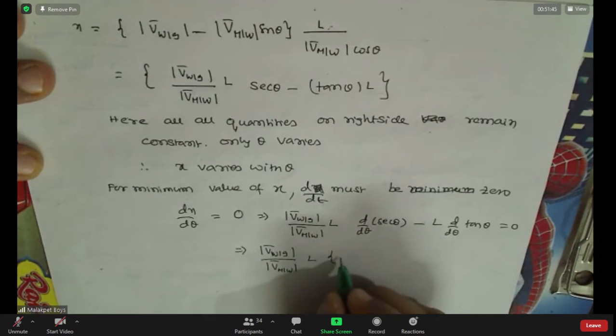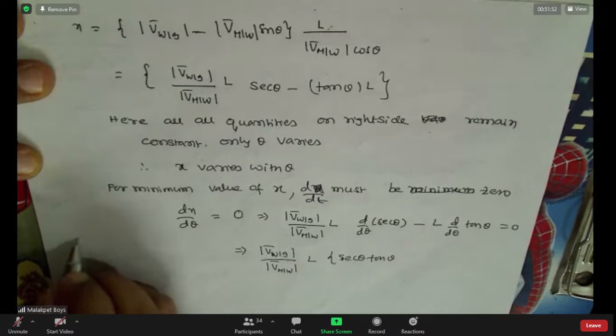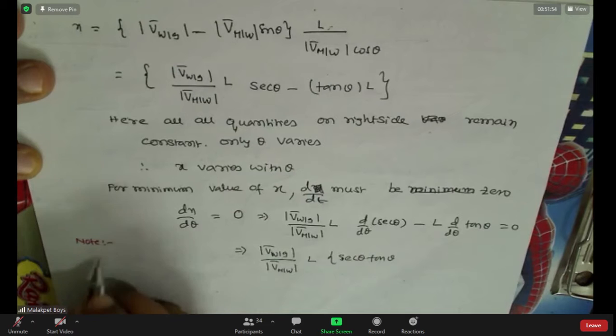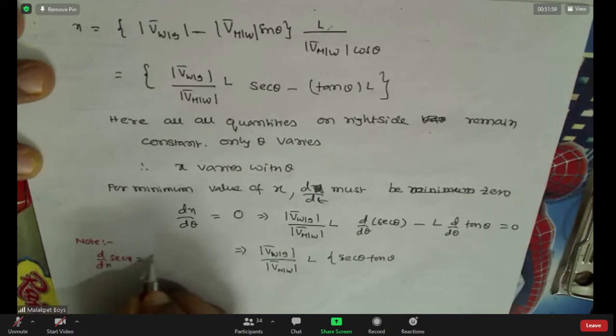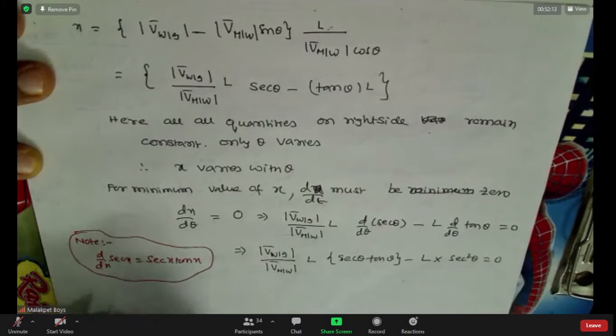See, secant theta is, because remember that d by dx of secant x is secant x tan x. In differentiation, you learn fully. And the derivative of tan x is secant square x.